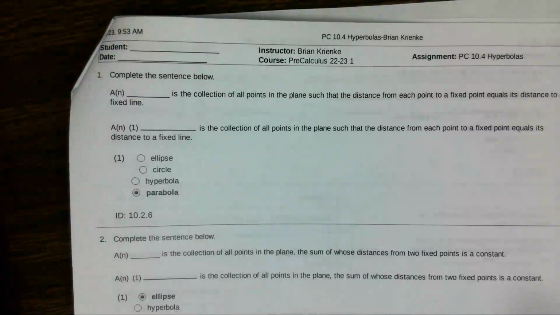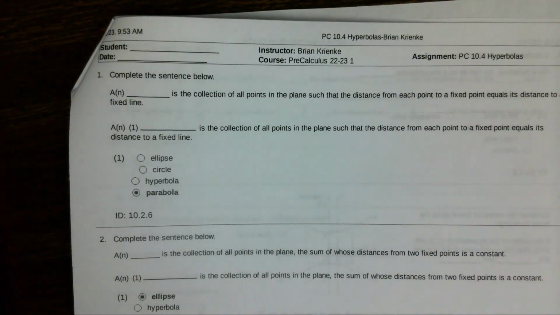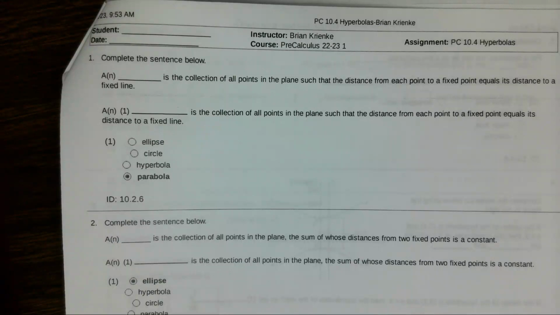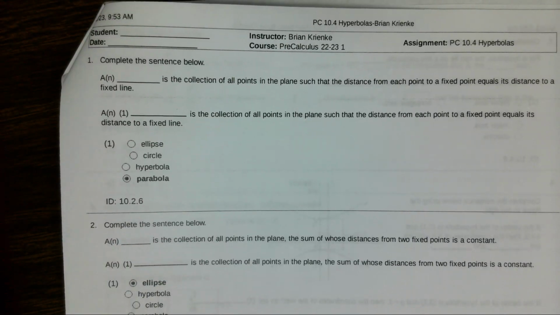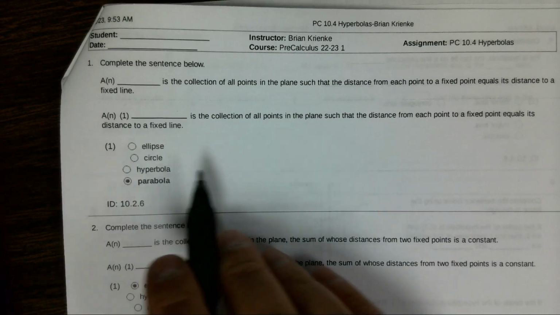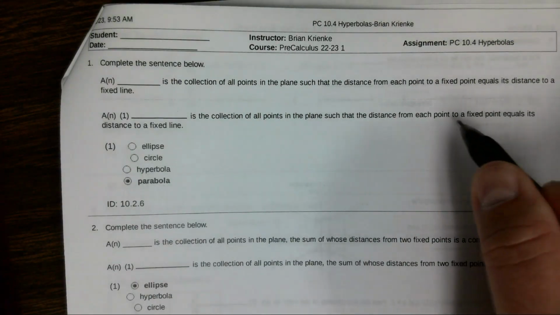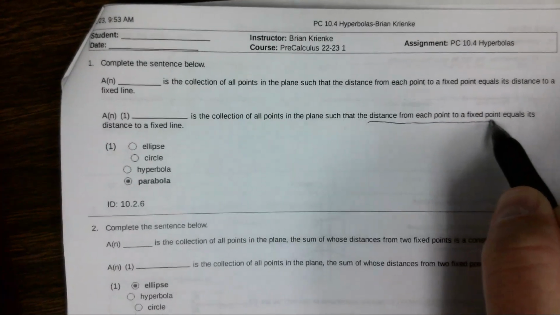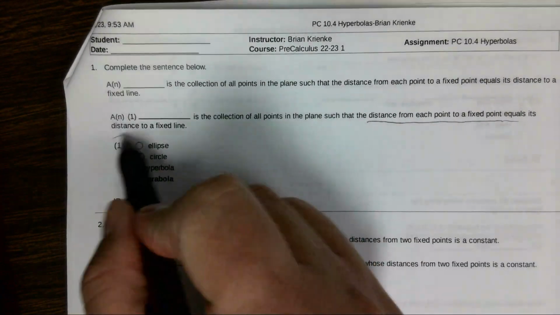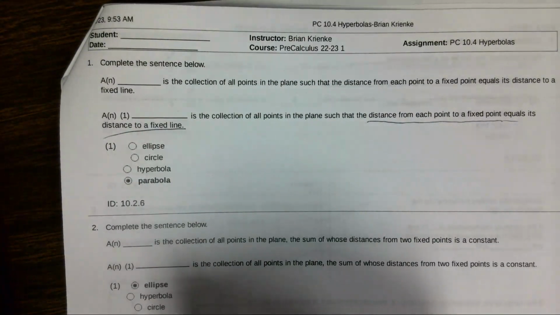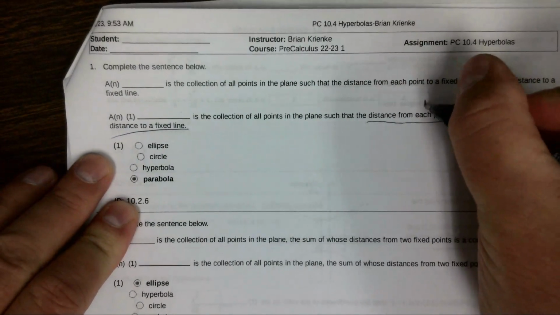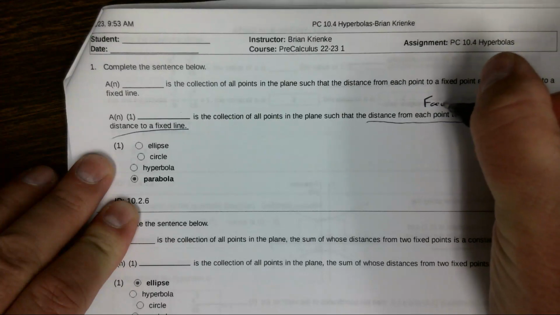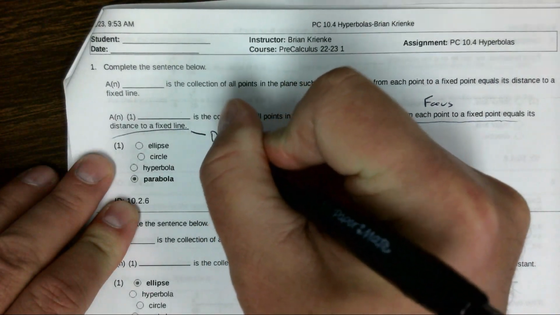Okay, so let's get into it. There are a few definition ones I just wanted to go over that I know are going to be quick, but I wanted you to compare the definitions. So if it's this definition with the distance to a fixed point equals its distance to a fixed line, that's talking about a focus and the directrix line.